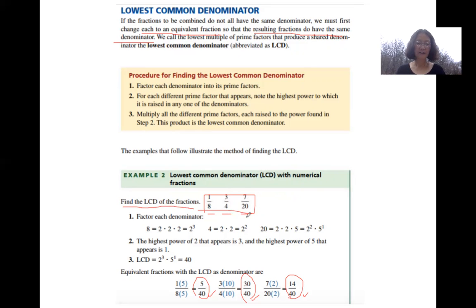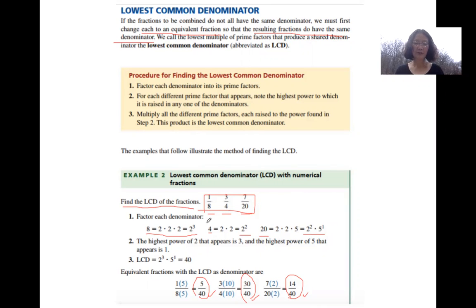Now let's factor each denominator. The denominator of the first fraction is 8, which is equal to 2 raised to power 3. The denominator of the second fraction is 4, which is 2 raised to power 2. And the last one has denominator 20, which is equal to 2 raised to power 2 multiplied by 5.